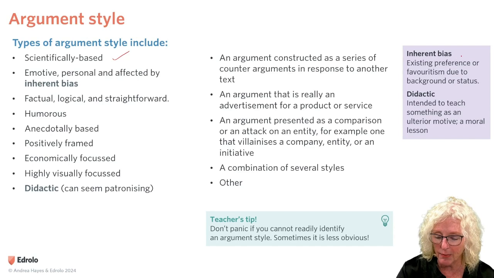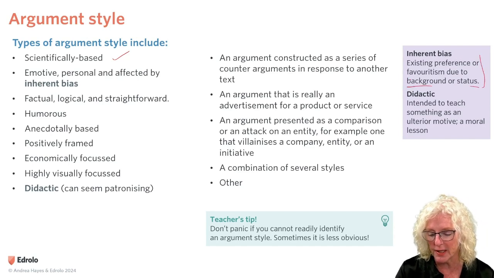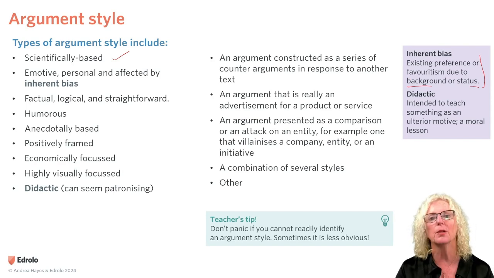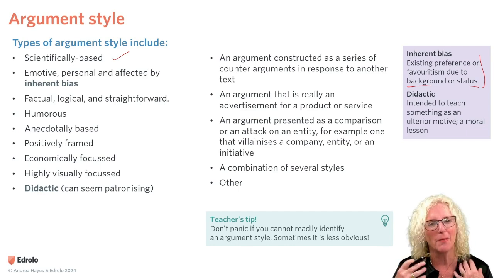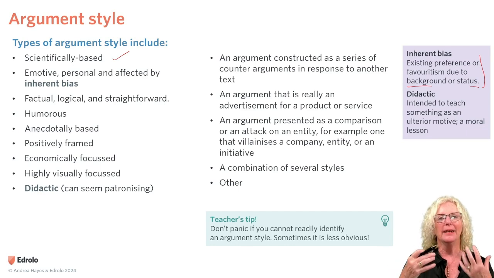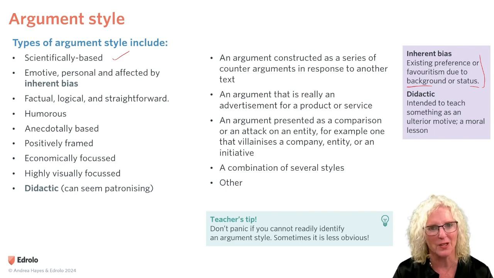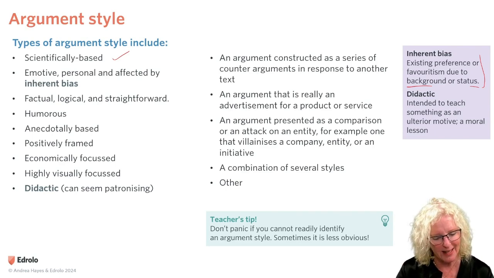It's an existing preference due to favoritism, due to the background or status. So, for example, in Cats versus Dogs, the person, George Whiskers McQueen, who wrote that, has an inherent bias because he manages the cat adoption agency. So we're looking at things like that.